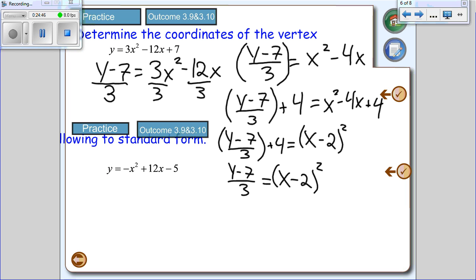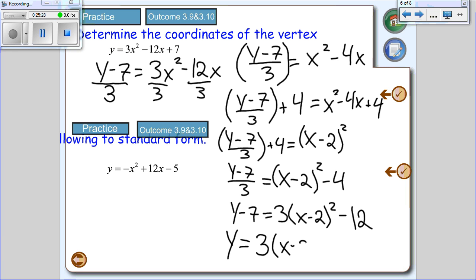Now I'm going to get rid of that 3 over there. I'm going to multiply both sides by 3. So it becomes y minus 7 is equal to 3 times x minus 2 squared minus 12. And then add 7 to both sides, and you're done. So y equals 3 times x minus 2 squared minus 5.